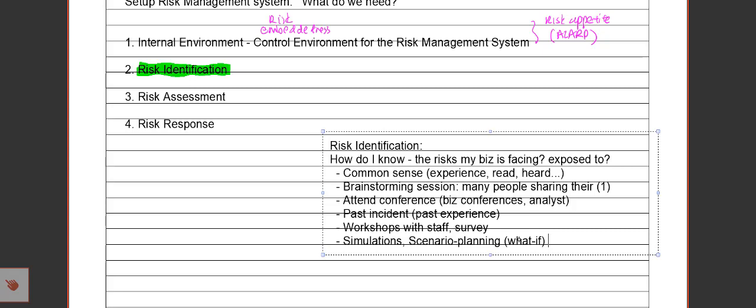Or what if they lose again? What if this lockdown, or movement control order, is extended beyond the 14th of April? What if it goes on until the end of June? That's an example of scenario planning.